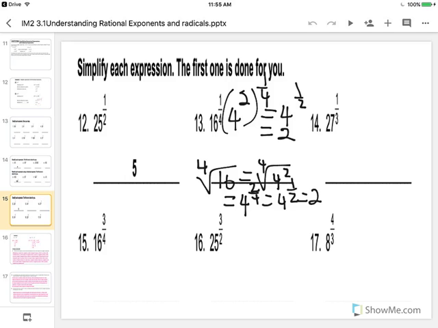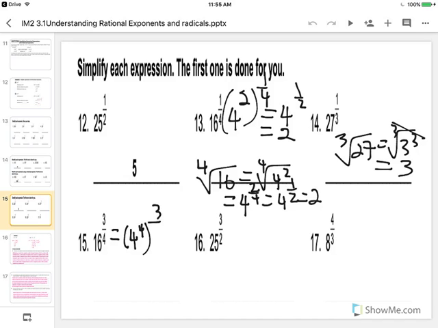And for 27, this is the cube root of 27, but 27 is 3 to the 3rd power, so that cancels, so your answer will be just 3. So that cancels out, so it would be 4 to the 3rd power, so your answer would be 64.